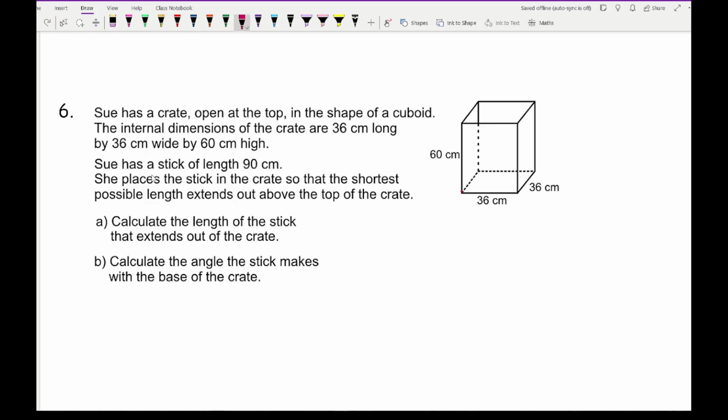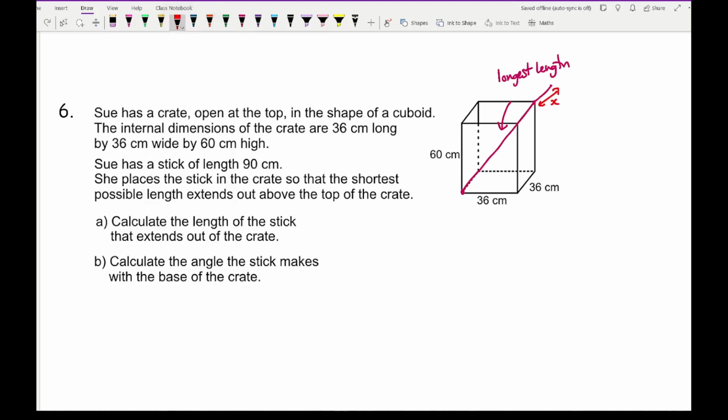Now, the longest length of a cuboid is going from one bottom corner to the opposite top corner. So this length here is the longest length. Now, Sue has a stick that extends out, and what this first part of the question is asking is, what is this length here going to be?